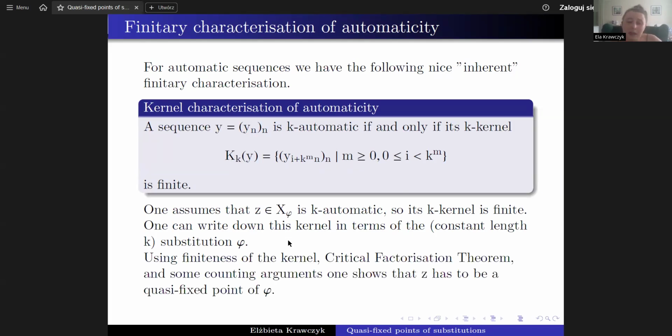And what it gives you is that using the finiteness of these kernels, some counting arguments, some pigeonholing, and critical factorization theorem, you basically show that enough of these finite things have to overlap to tell you that Z has to be a quasi-fixed point of phi. Okay?